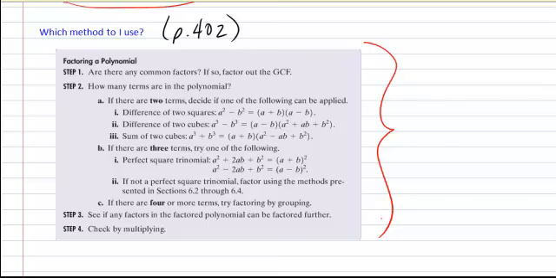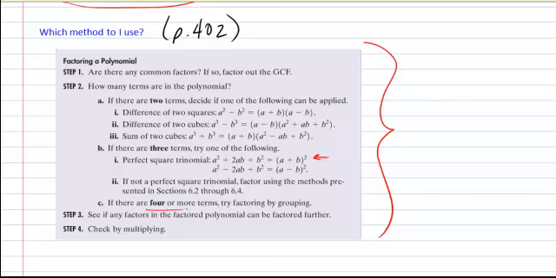Then you want to look at, well, am I looking at something that only has 2 terms? If so, is the first and the last term perfect squares? Maybe there's 3 terms, but my 3 terms have a perfect square at the front and the back. Okay? Otherwise, you want to use some of the other methods.